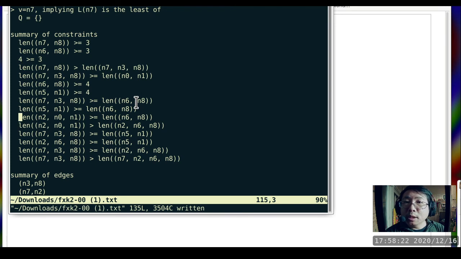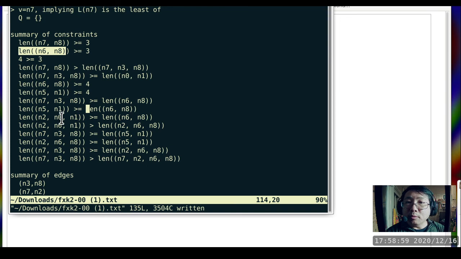And then we try to see what else do we know about the distance from n5 to n1. Particularly, we want to see how it appears on the left-hand side, and this is how it appears on the left-hand side. So we may not be able to determine that just yet. So there's the length of n6 to n8, and we know that n6 to n8 has to be greater than or equal to 3, and it has to be greater than or equal to 4, so it can be 5.